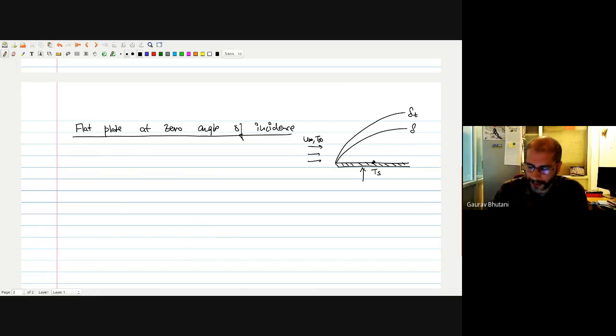And once I have my del T by del y at the surface of the plate, then I can use that to find the heat transfer coefficient h, as well as the rate of heat transfer Q. And remember that the aim in heat transfer is always to find the rate of heat transfer, that is the Q value. So we are doing all this to get the temperature as a function of x and y in this case. So let's write the energy equation again.